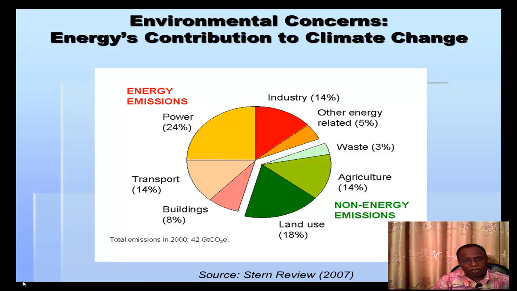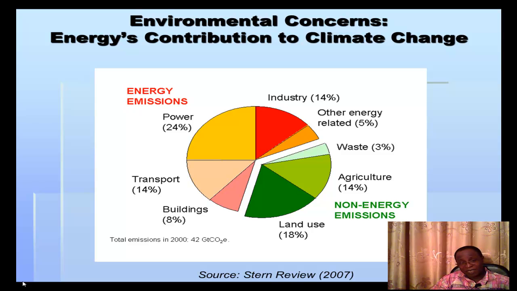Now, still with regard to environmental concerns, the evidence is there, and the Stern review that was done in 2007 showed quite clearly that energy accounted for the largest segment of global warming, and hence of climate change. You have power contributing 24%, industry 14%, other energy related emissions constituting 5%, of course transport and buildings, so that's a huge chunk there.